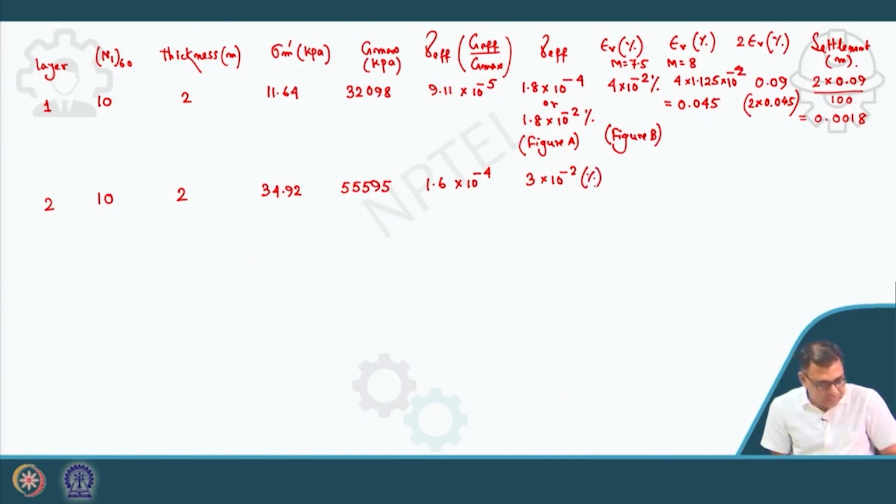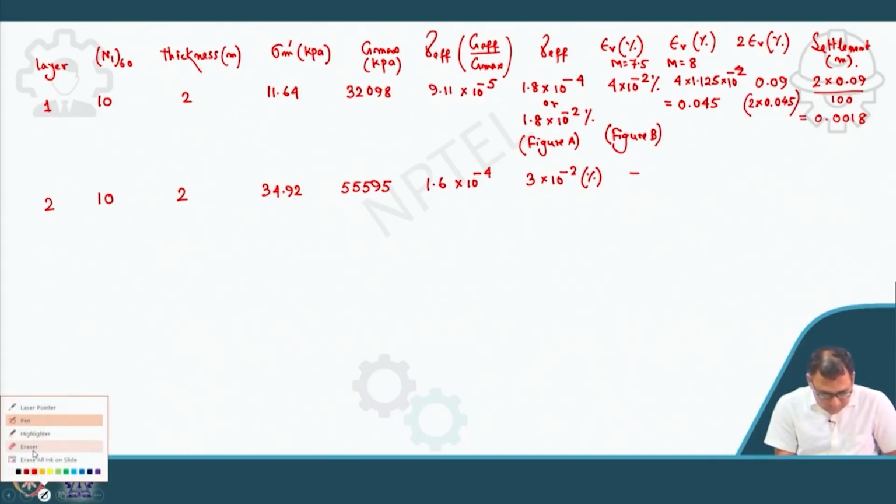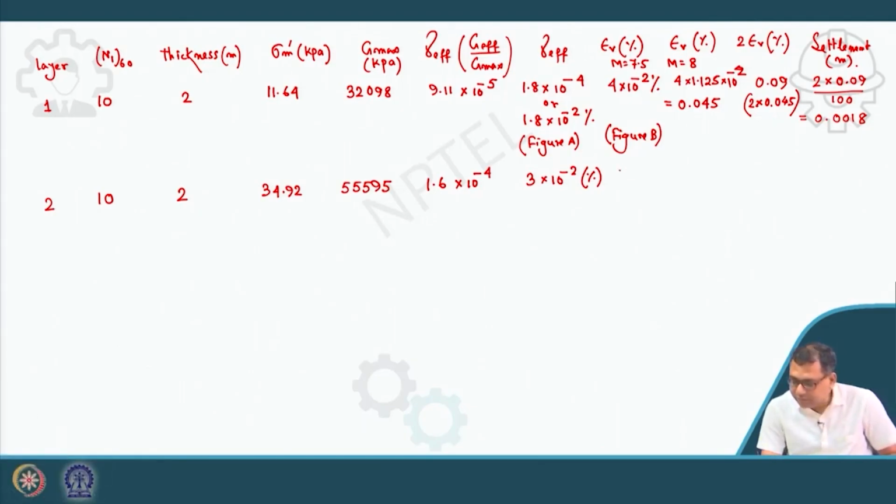Then volumetric strain I will get after multiplying the correction factor directly. This will be 7 here. So the volumetric strain that I am getting here is 7 into 10 to the power minus 2.